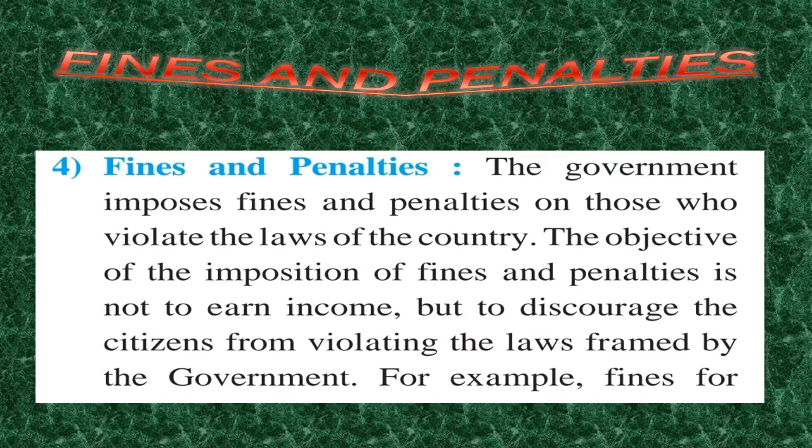The objective of the imposition of fines and penalties is not to earn income, but to discourage the citizens from violating the laws framed by the government. For example, fines for violating traffic rules. However, the income from this source is small.